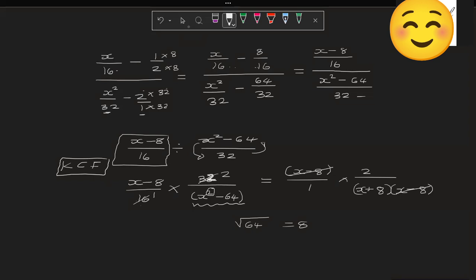All right? And in our final answer, we're going to have 1 there. 1 times 2 is going to be 2 over 1 times x plus 8 is going to be x plus 8. And this is our answer.